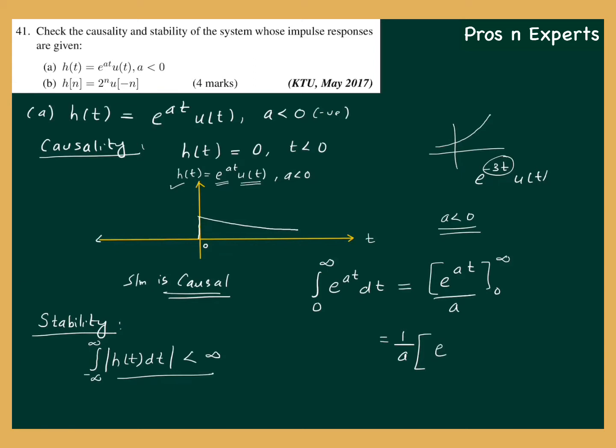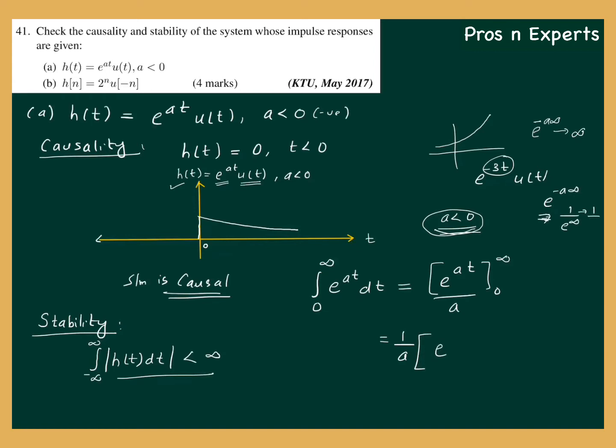Normally you would think e raised to a infinity will tend to infinity, but I have told you our a is negative, so you are multiplying a negative quantity with infinity. That means this value tends to 1 by e raised to infinity.